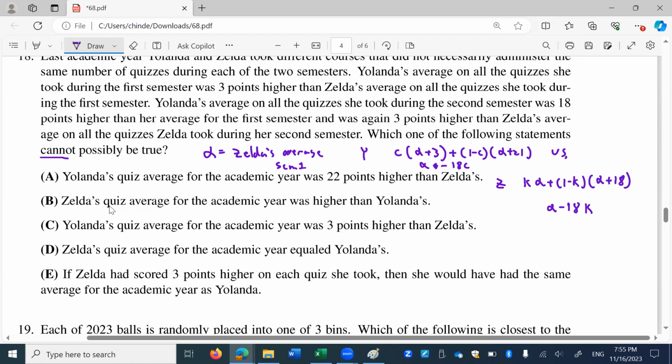So C alpha plus 1 minus C alpha is alpha. 3C minus 21C is negative 18C. Oh yeah, plus 21. Got to distribute the 1 there.